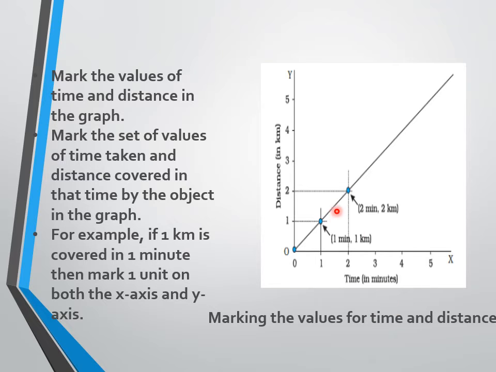And then, for example, 2 kilometers covered in 2 minutes. Then we need to mark 2 units on both the x-axis and y-axis. So we need to mark all the readings: 3 kilometers in 3 minutes, 4 kilometers in 4 minutes.